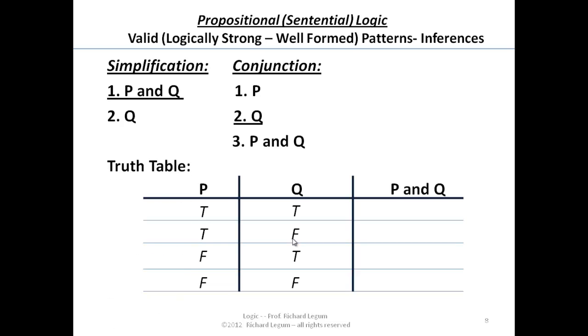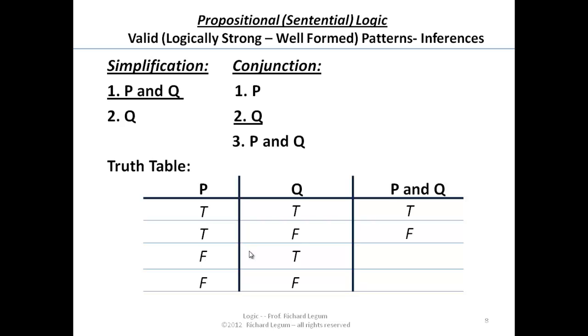And again, we can look at the truth table set up exactly the same way, except now we're looking in the third column, where P is true and Q is true. Now if P is true and Q is true, P and Q is, that's right, also true. Now if P is true and Q is false, the proposition that P and Q are both true is false, right?